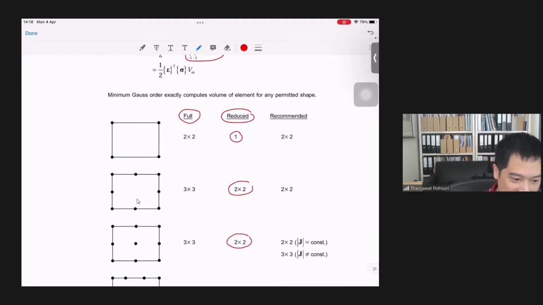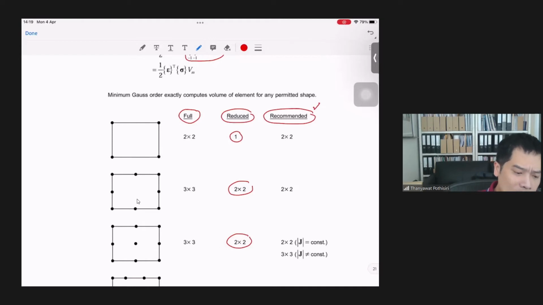If you use different types of elements to try to solve your finite element problems a couple of times, then you will see that certain types of elements work well with certain number of sampling points. Okay, so that's why we have this third column right here, which is the recommended order of integration to be used for each type of element.